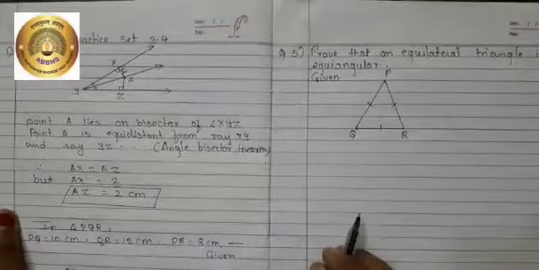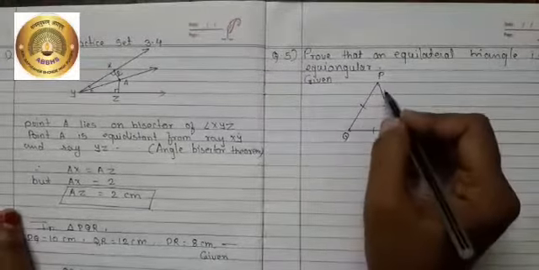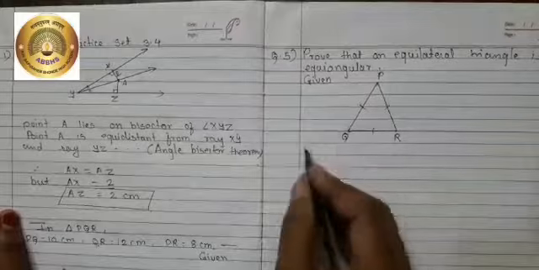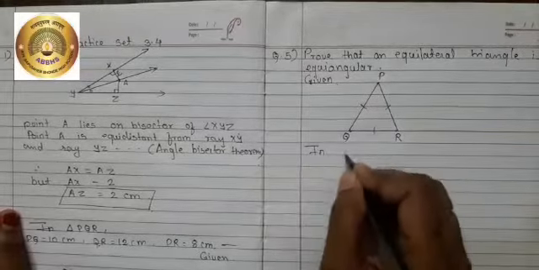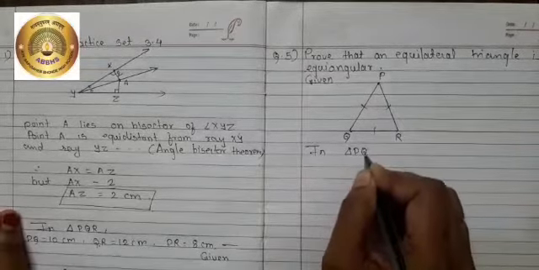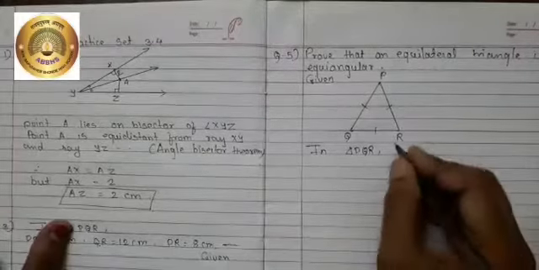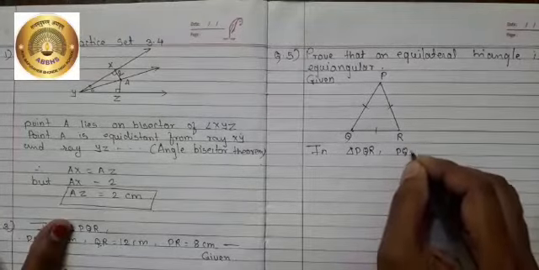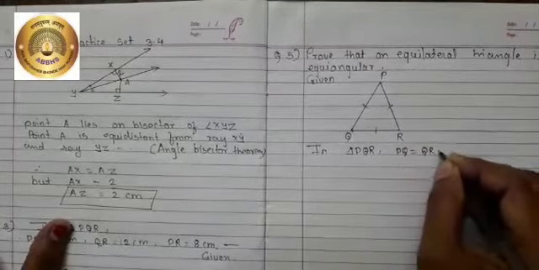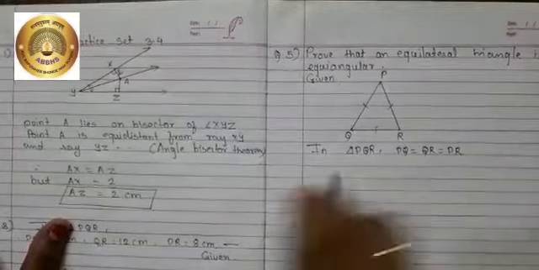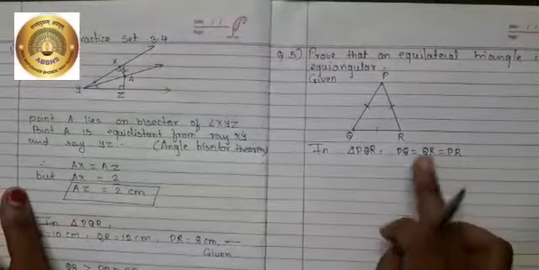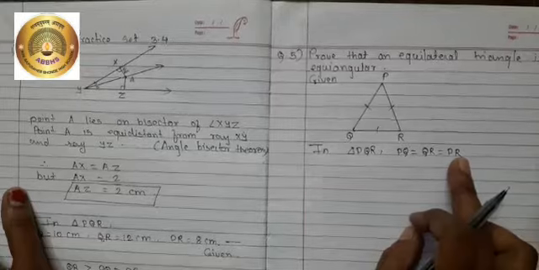So in the given, I can see triangle PQR. So I'll write in triangle PQR, PQ equal to QR equal to PR, because equilateral means all the sides are equal.